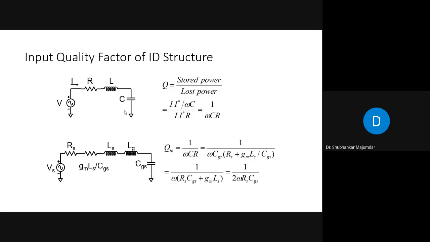The input quality factor increases as we are using an inductor in the negative feedback or source degeneration mode. So the power will be stored and a Q factor will be determined.